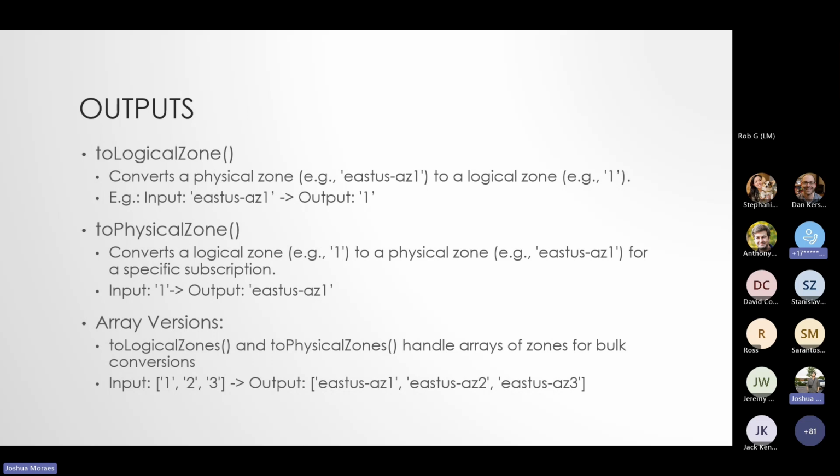So, for example, if you were to enter East US AZ1, and that region were mapped to logical zone 1, then you would get the string 1 back, and vice versa for the physical zone. If you were to enter the string 1, you would get back the string East US AZ1. And for the array versions, you would just have the array as an argument, and it would return the corresponding respective physical and logical zones for each mapping.